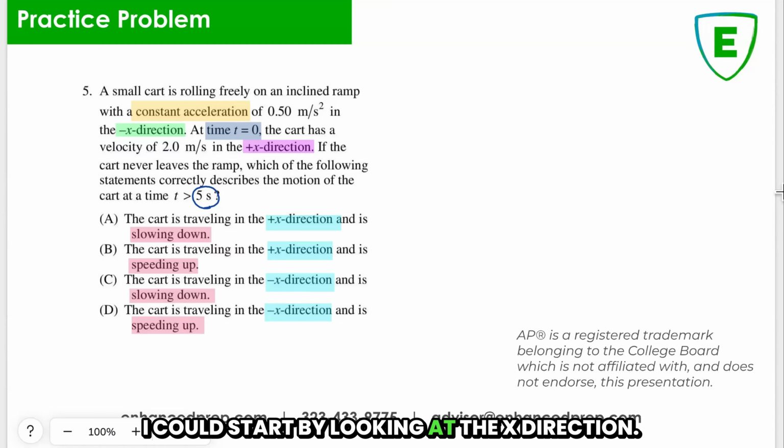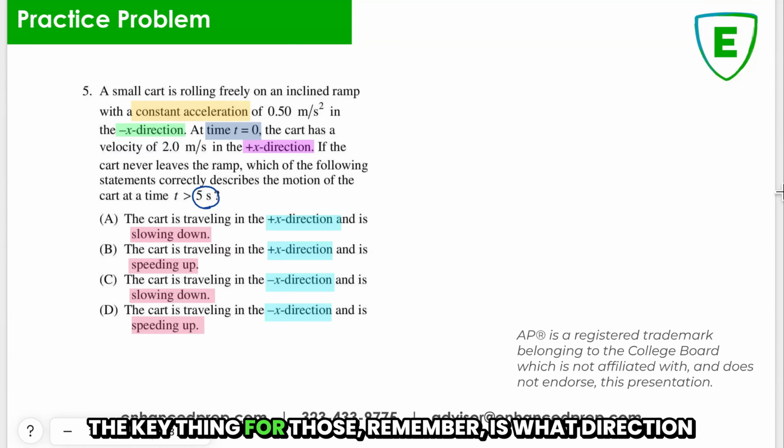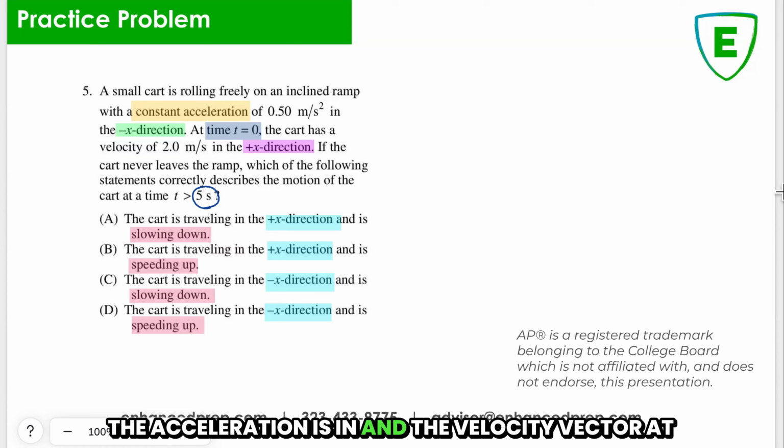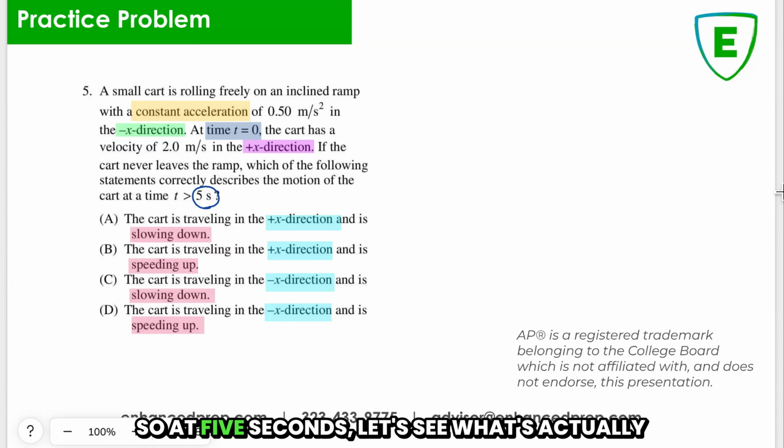I could start by looking at the x direction, or I could start by looking at speeding up or slowing down. The key thing for those, remember, is what direction the acceleration is in and the velocity vector at that particular time. But let's look at that 5 seconds. So at 5 seconds, let's see what's actually happening here.